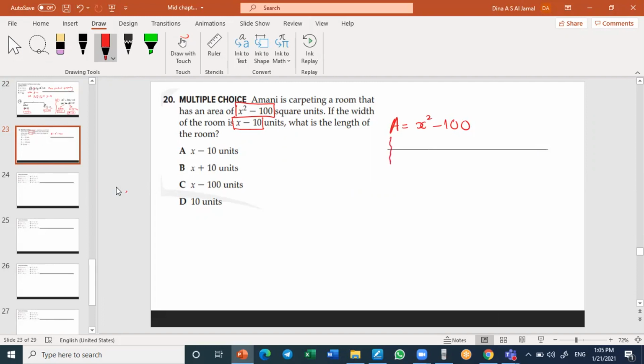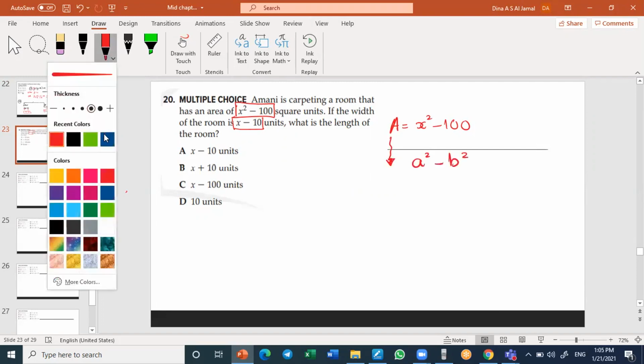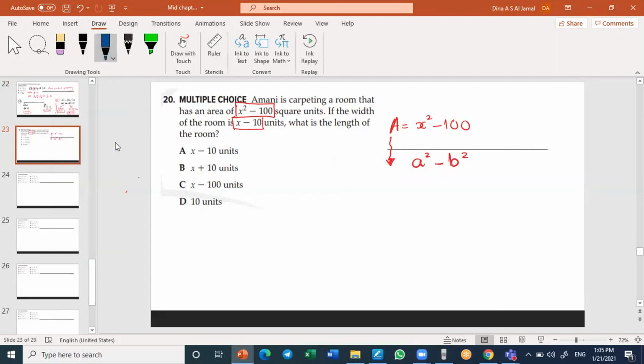If you compare it to a squared minus b squared, take the square root of the first, the square root of the other, and one time minus, another time positive. So it will be factored to a minus b and a plus b.